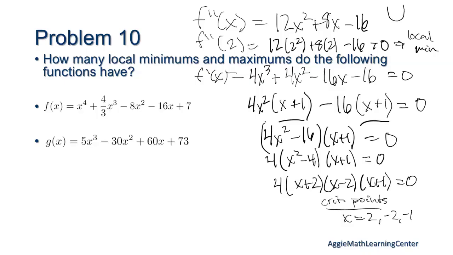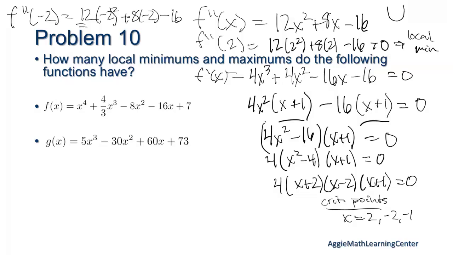We'll do f double prime of -2 next. That's 12 times -2 squared plus 8 times -2 minus 16.